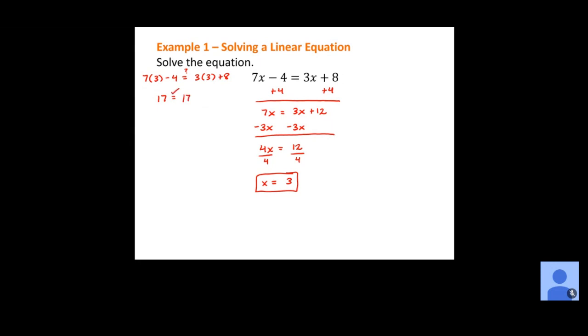Since those are equal, that checks out, and that tells us that our solution is correct. Right? So always feel free to go back and substitute your value in and just make sure that it works, especially when you're unsure if you've done your steps right. Okay? Any questions on that one now?